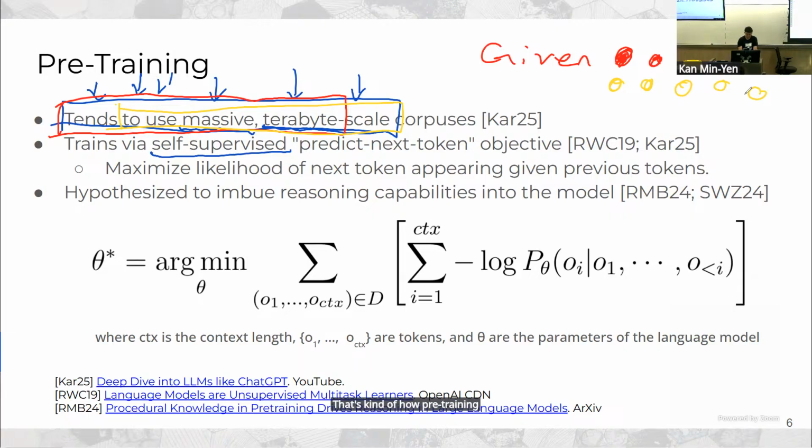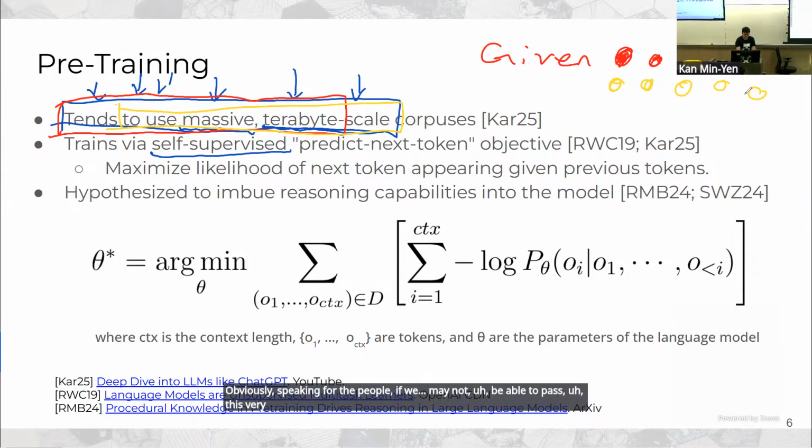And really that explains the really strange formula that you see at the bottom. I'm mostly speaking for the people who may not be able to parse this very dense formula here.